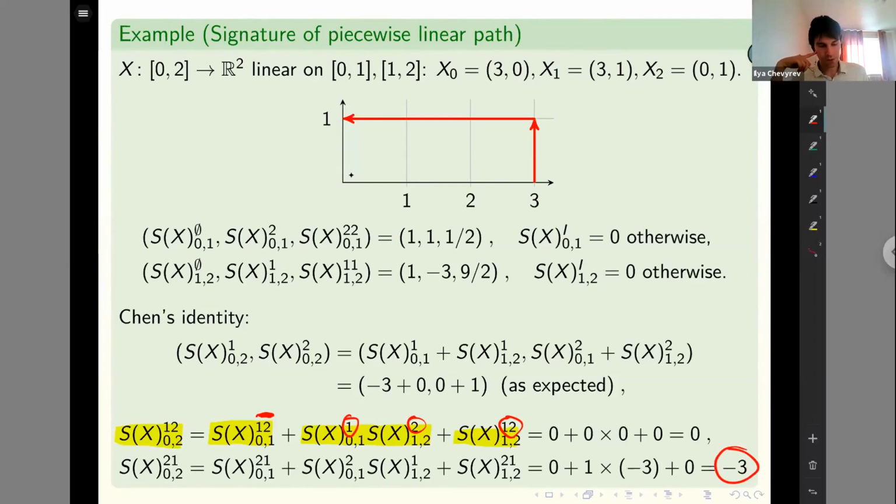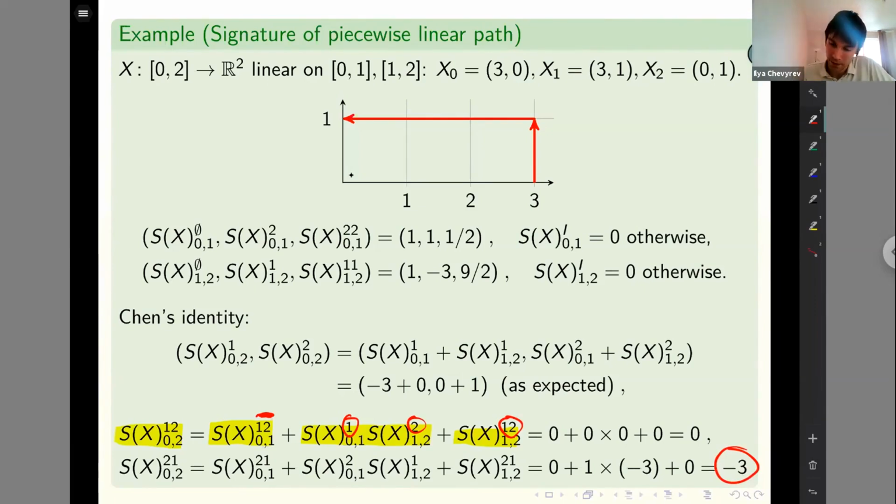I'm not sure that there is a simple way to do this using integration directly to see that this would be the correct answer. But Chen's identity ensures that this is the case. Also, as a remark, notice that this is consistent with the geometric notion of Levy's area that we saw before.